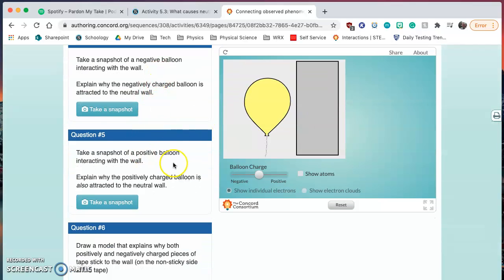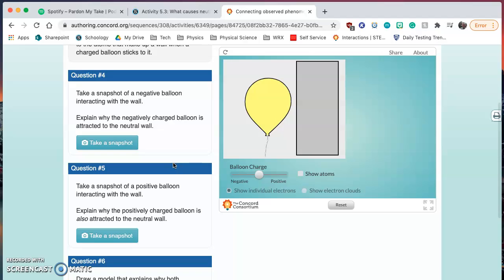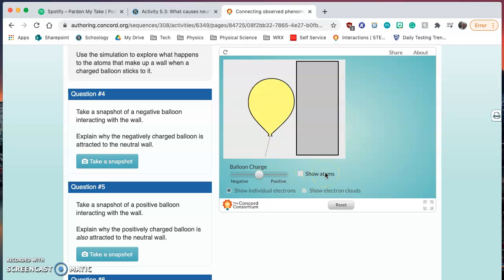Again, there's 2 situations it asks you to set up. So hopefully that clears up what exactly you should be looking for. But again, we can change the balloon to be negatively charged just a little bit. So it can be very positive, very negative, or again, somewhere in between.